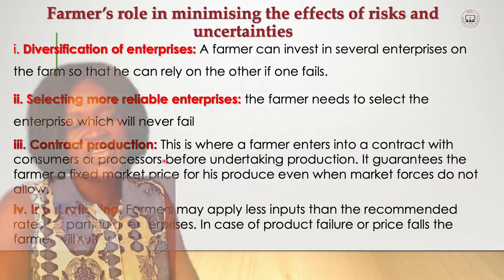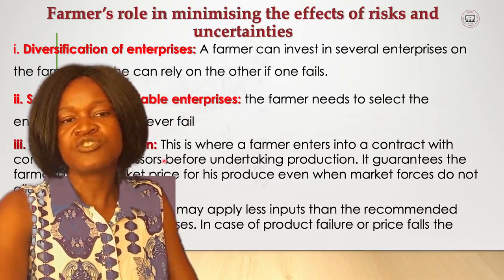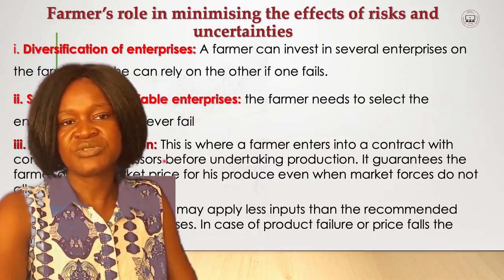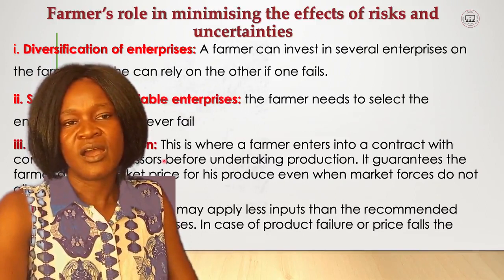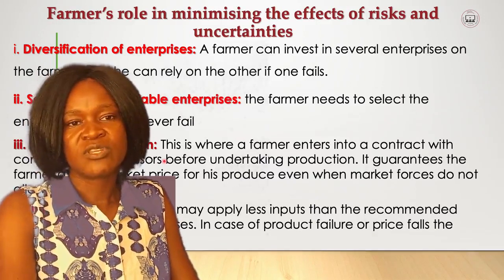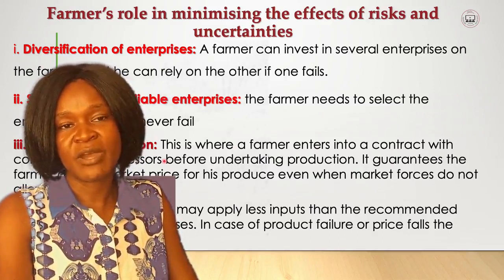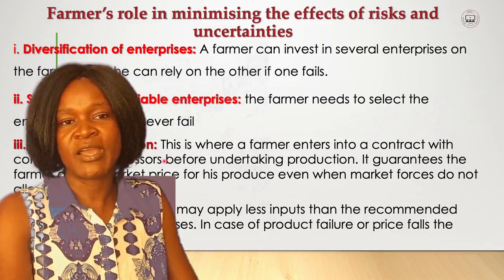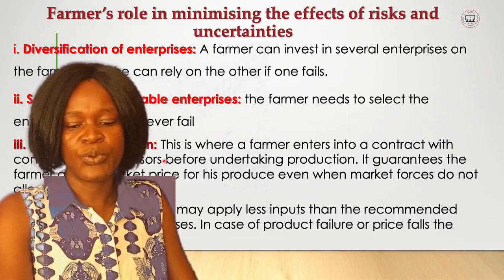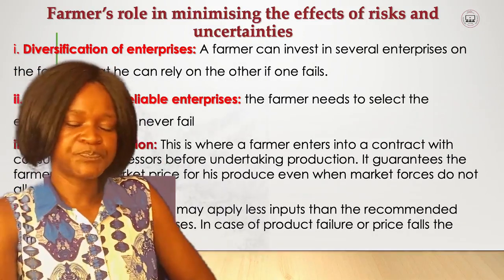So the farmer should engage himself in a contract. He should sign a contract with some organizations or institutions or processors so that he is a supplier. Most of the time the fixed price is set. Even if the price is high at the market, even if the price is low at the market, you have that fixed price for selling your products once you sign a contract.